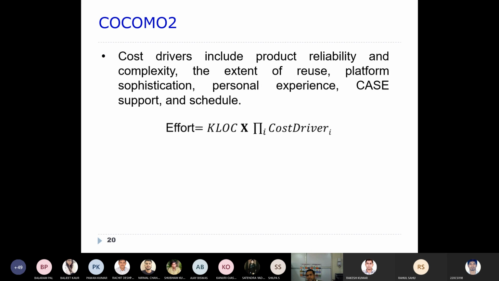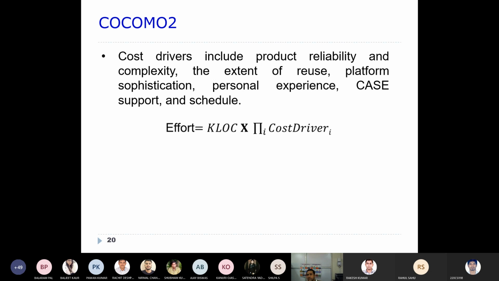Now the cost drivers, as I told you: one is product reliability and complexity. The other is the extent of reuse, how much you are going to reuse the components. Platform sophistication, that is, what sort of platform you have used.